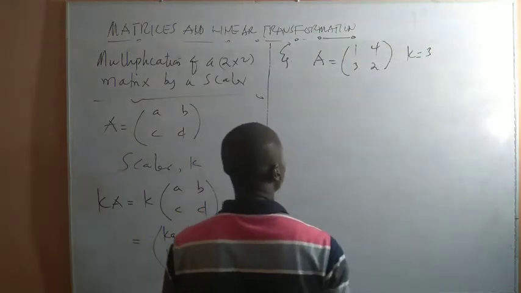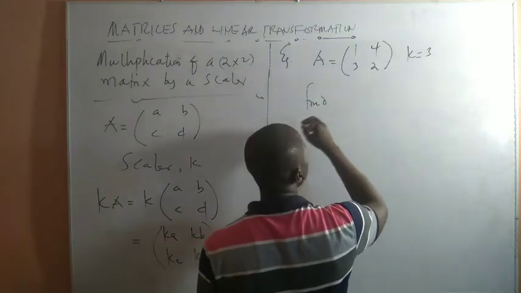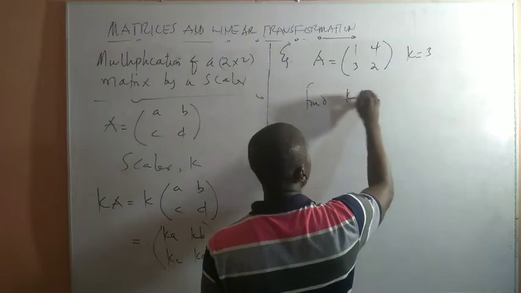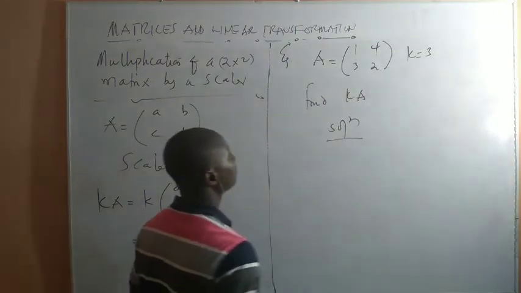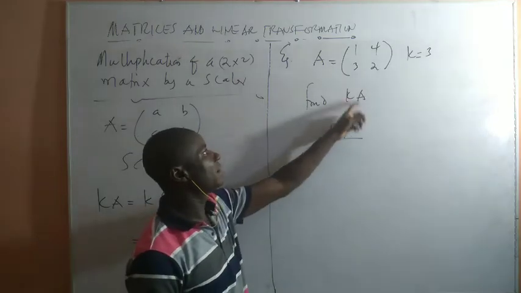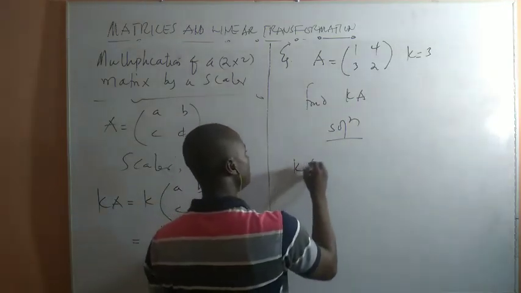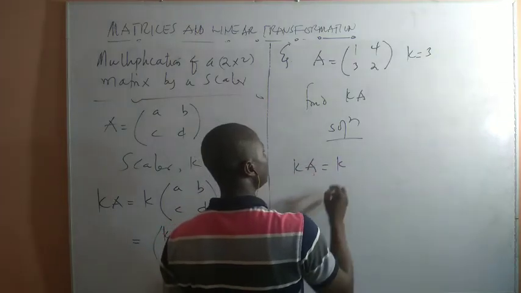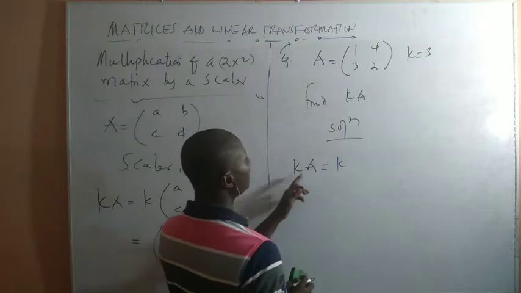Assuming that we are asked to find kA, it means that we are supposed to multiply the scalar by the matrix. Don't forget, kA is k times the matrix.